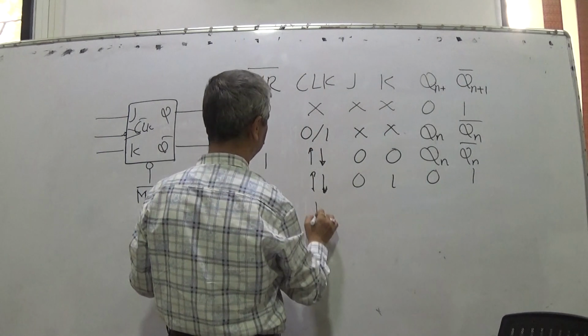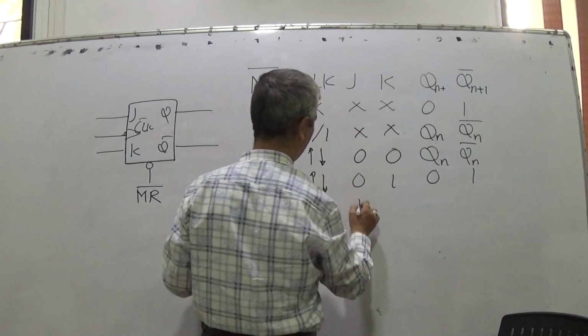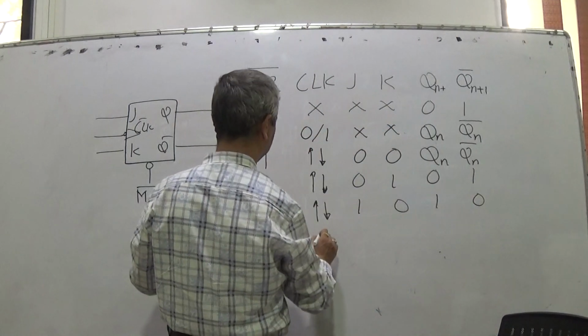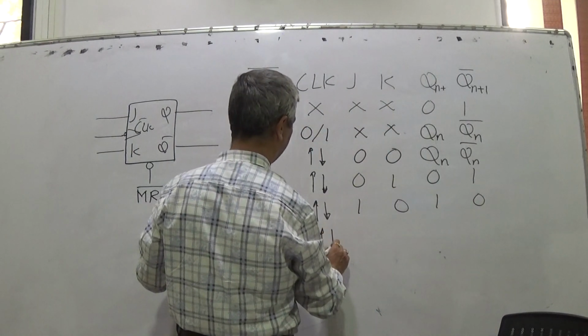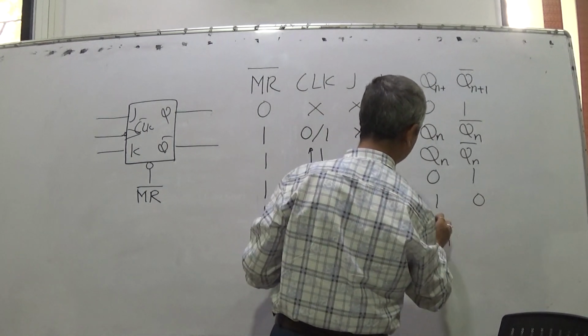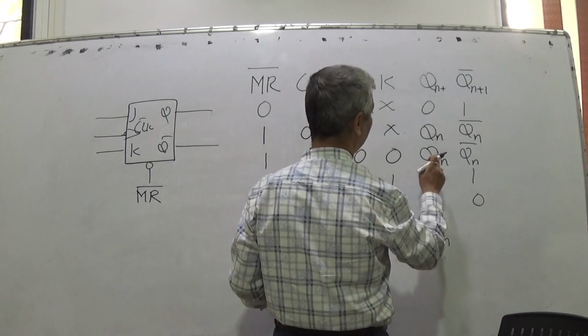It is 1, clock going up, clock going down, 1, 0, 1, 0. It is 1, clock going up, clock going down, 1, 1. It is Qn. It is Qn bar.